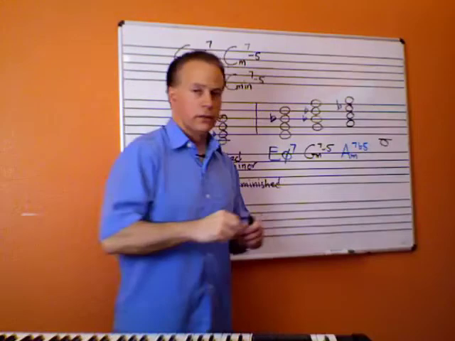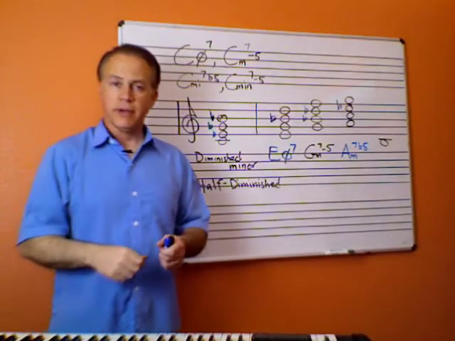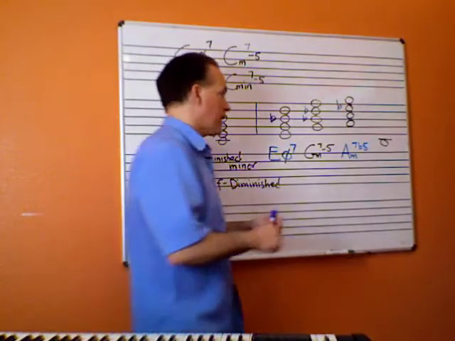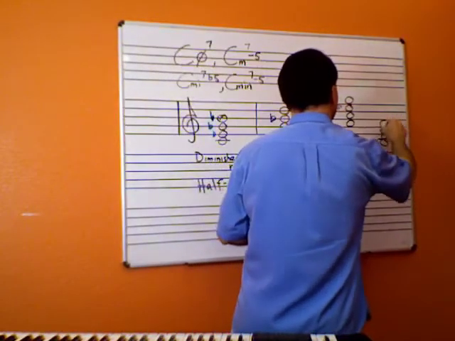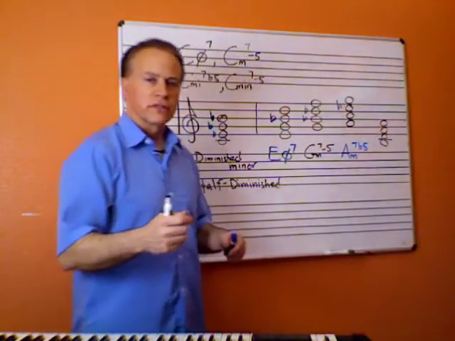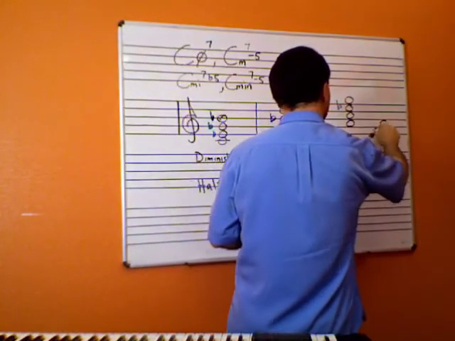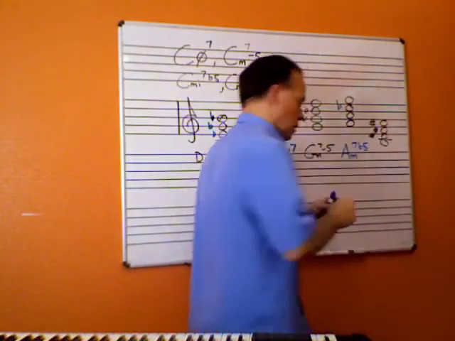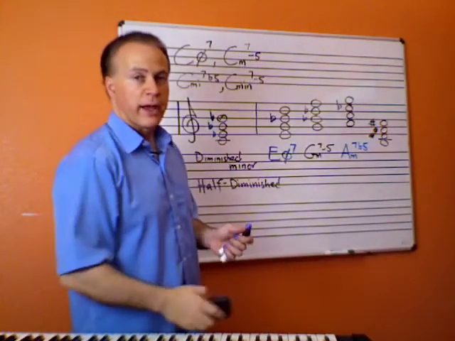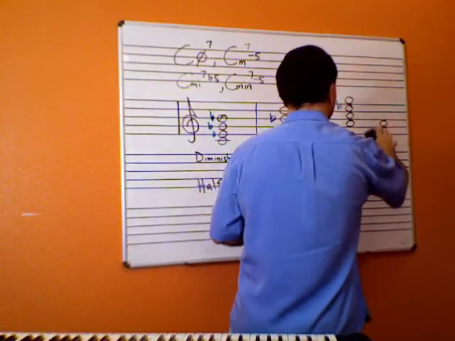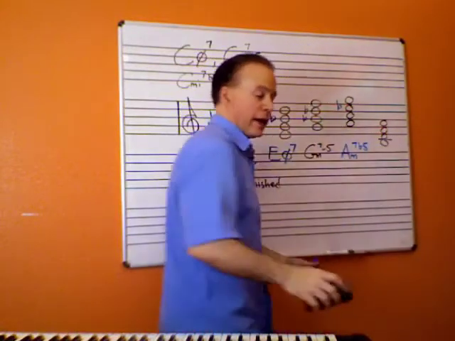And how about from B? Well, let's build a B major seventh chord. Okay, we know it has to be spelled B, D sharp, F sharp, and A sharp. So if we lower those top three pitches by a half step, you're going to take all the sharps away. So we'd end up getting B, D, F, and A, all naturals.